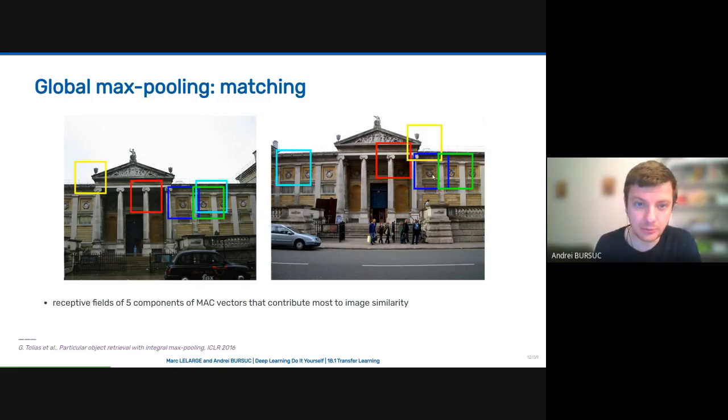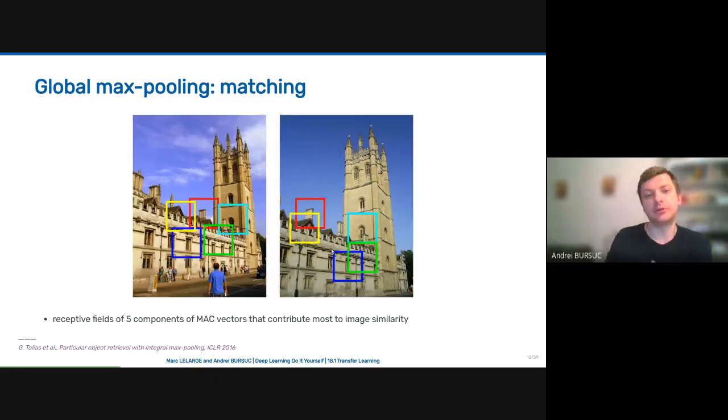Here the blue and the green one are activating on this pattern from the building, and here the cyan one seems to be covering these crowns of this type that we see here. So it's actually quite meaningful, and we see it repeating in different types of buildings.